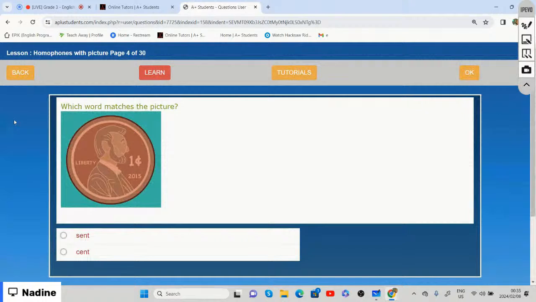All right. So now if we look at this coin, right? Is that "sent", S-E-N-T, or is it "cent", C-E-N-T? It's a coin, right? It's money. But is it sent or cent?